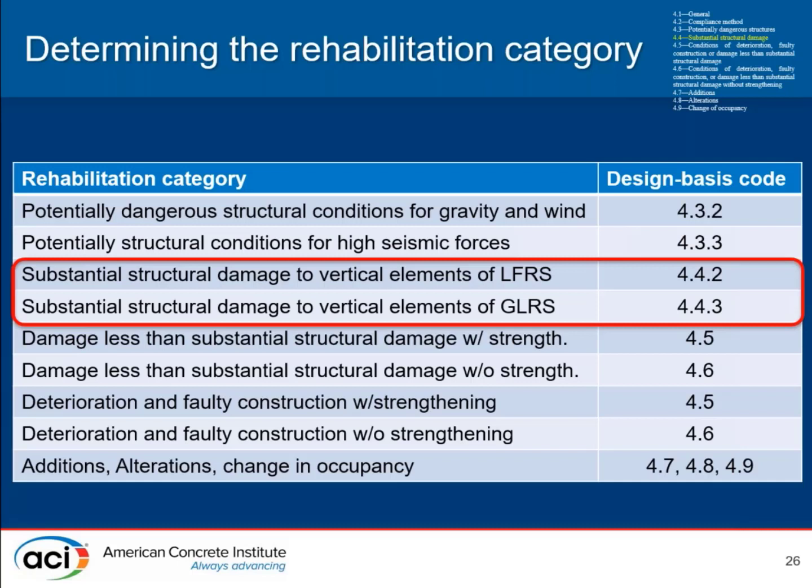If there's a reason for the licensed design professional to question the capacity of the structure based on the results of the preliminary assessment, an assessment shall be performed in the work area to determine if substantial structural damage is present. Substantial structural damage in the work shall be assessed using the current building code demands, nominal capacities according to Chapter 6, and strength reduction factors according to 5.3 or 5.4, which again we'll talk about in a few moments.